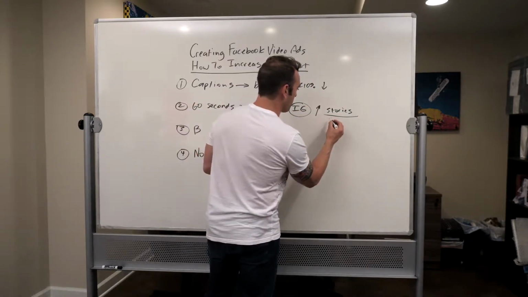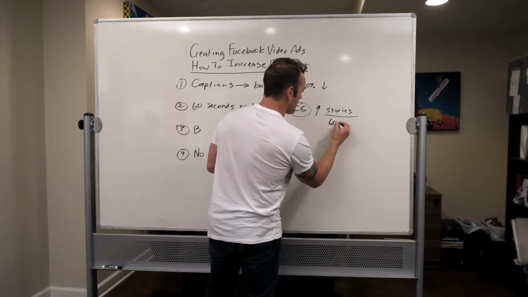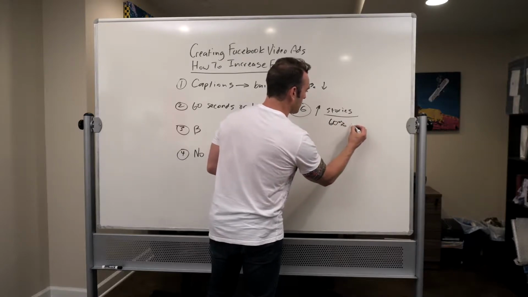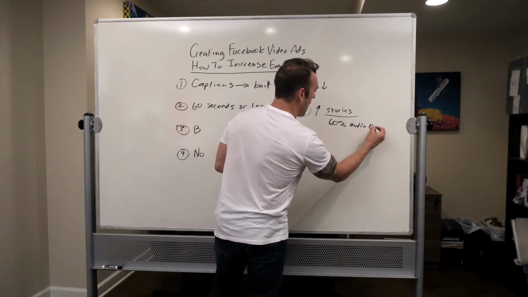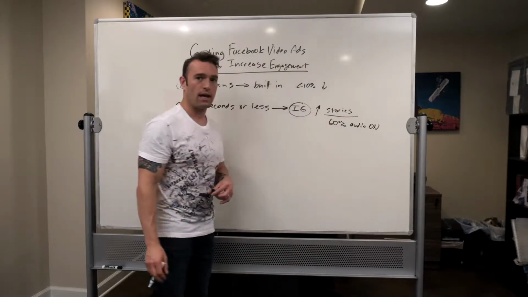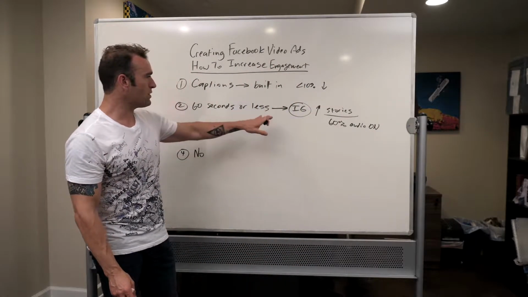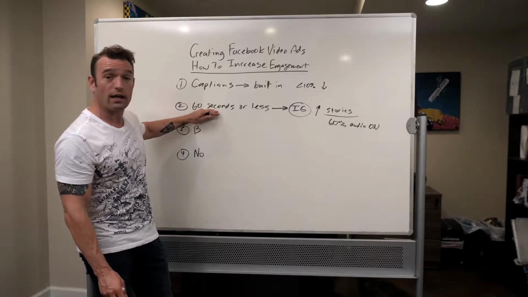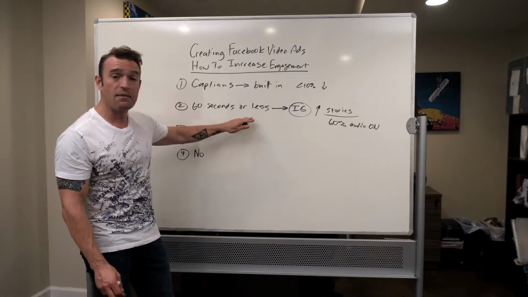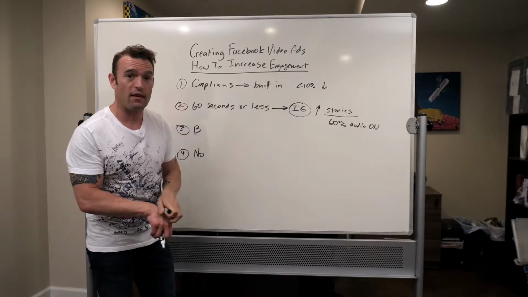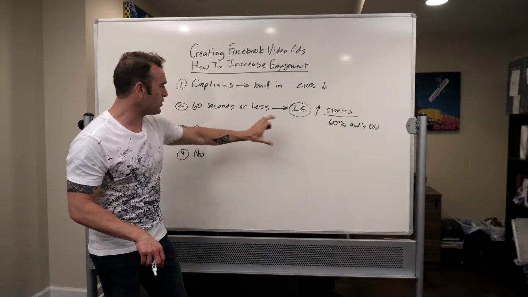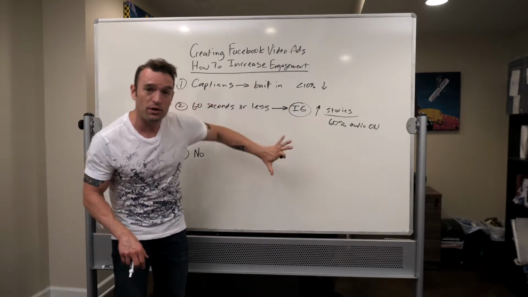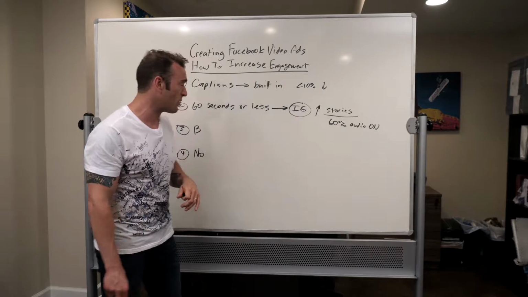Right now, as of filming of this, the data shows that over 60% of people watch with the audio on. So where you use your video and how long it is will have a big impact on the engagement that you get on that video. Not only from just consumers using it, but also with the way Facebook structured their entire platform to work.